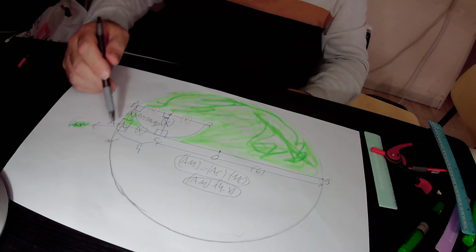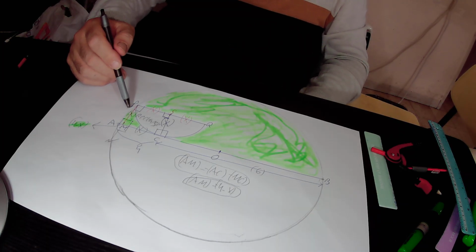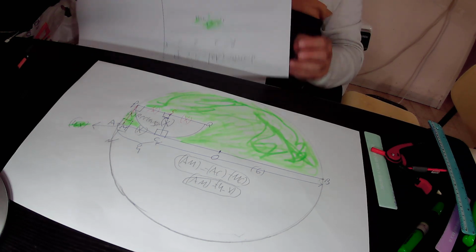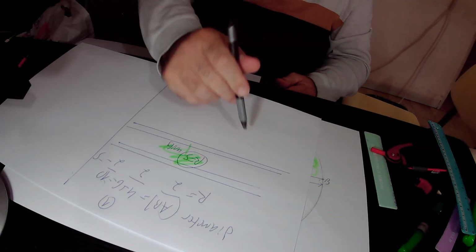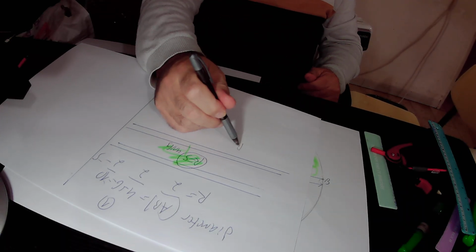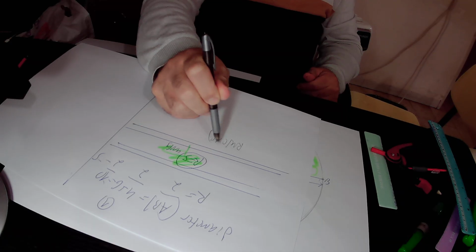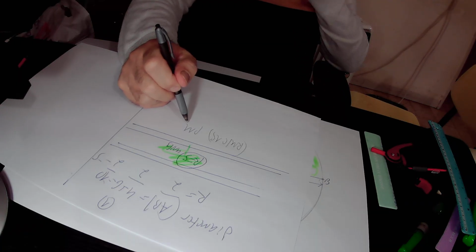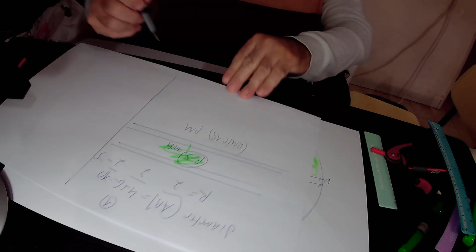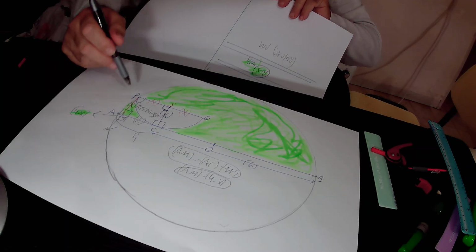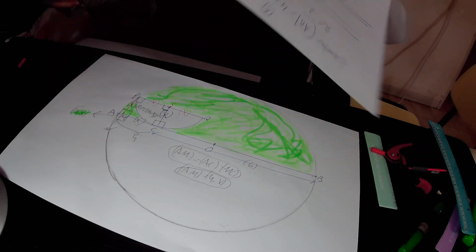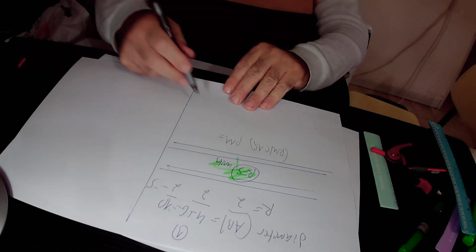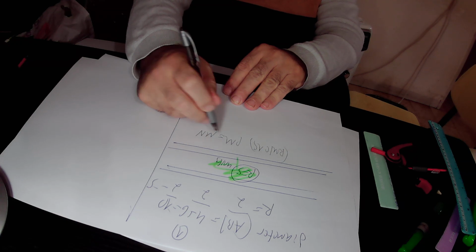The first half of PN is PM, and it is of course equal to the second half of PN, that is MN. So PM equals MN, according to rule 15.